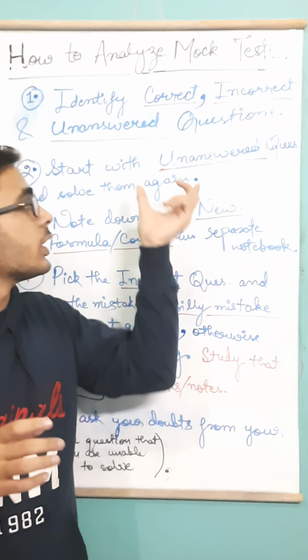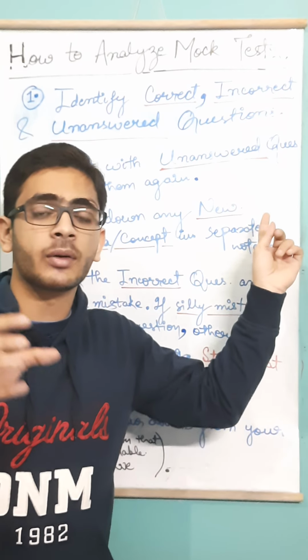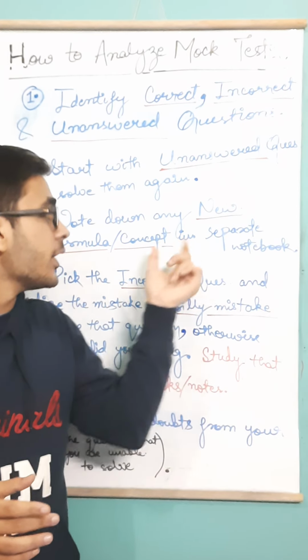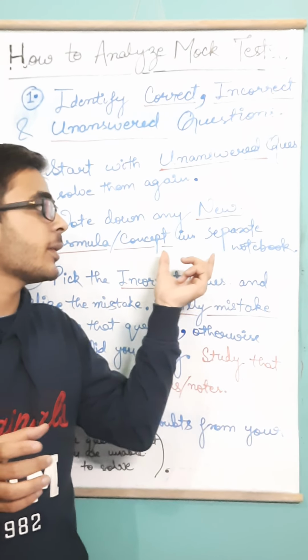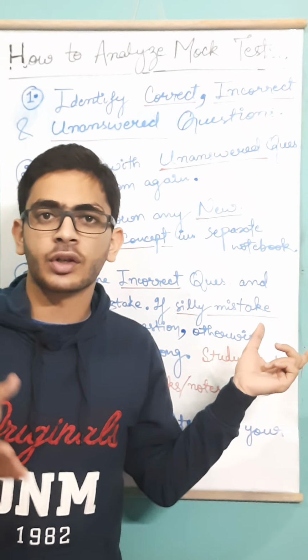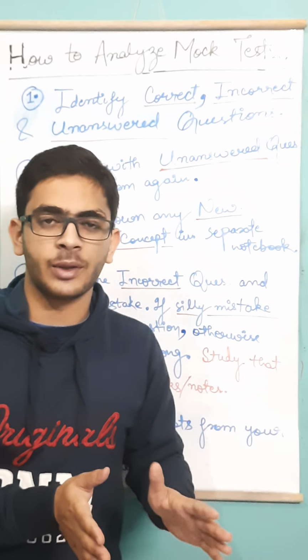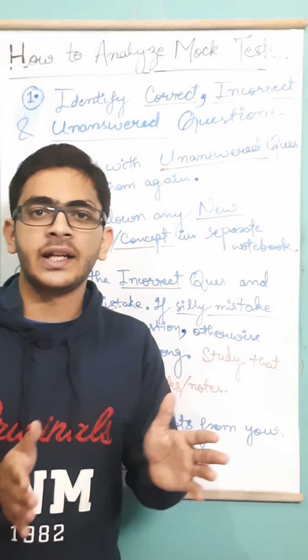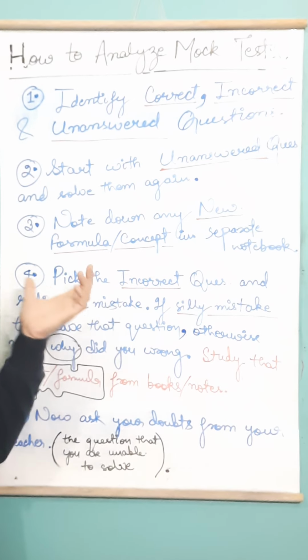So for the unanswered questions that you were not able to answer because they involved a new concept or formula, if the solution is given, then write that new formula or concept in a separate notebook. That notebook might be for short notes. For example, I used to write that formula in my short notes only, so I didn't need to maintain separate notebooks.